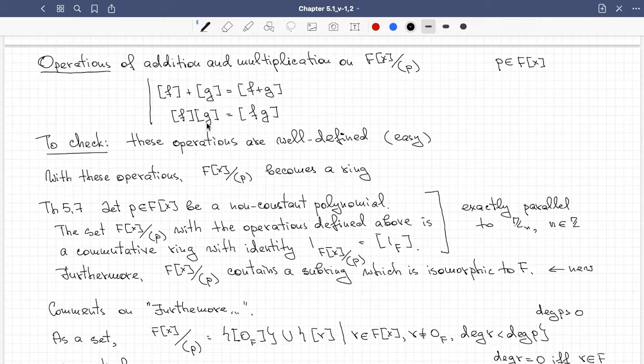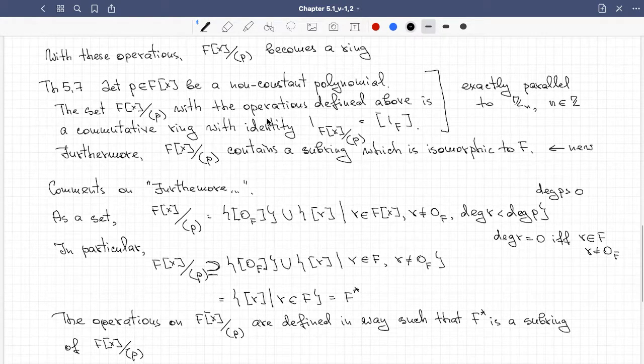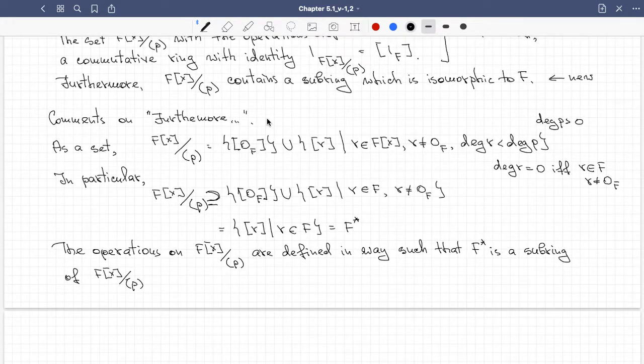These by an accident are two elements of the field, we multiply them together. So this is a subring with the same operations as on F.